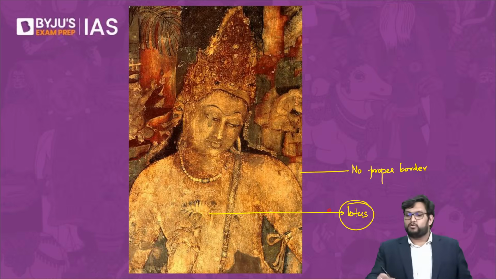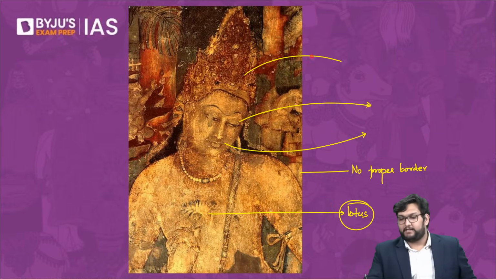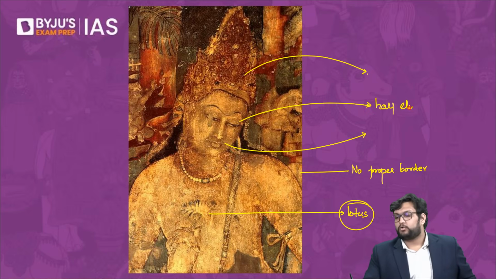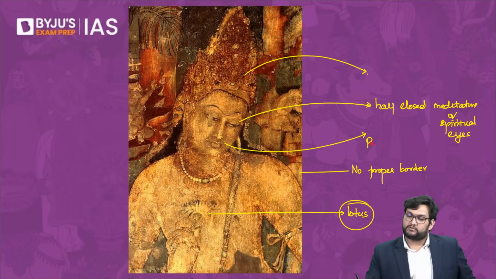And you now see two or three elements which will become very standard in Buddhist imagery. One is the half closed, meditative or spiritual eyes. Then you have the pouted, or rather the protruding, lips.